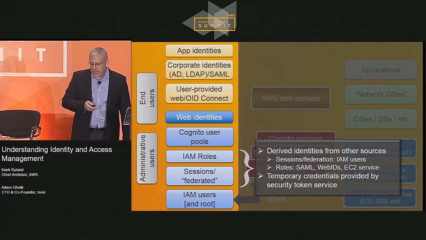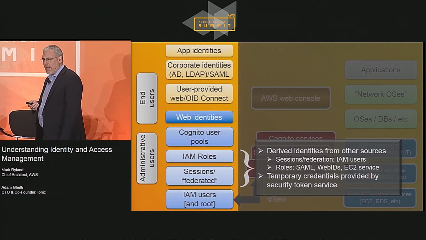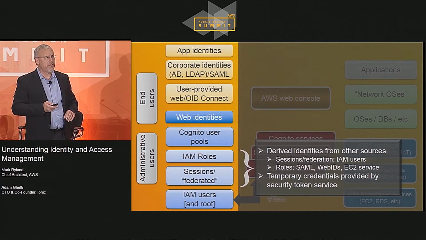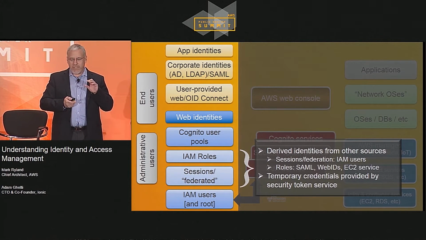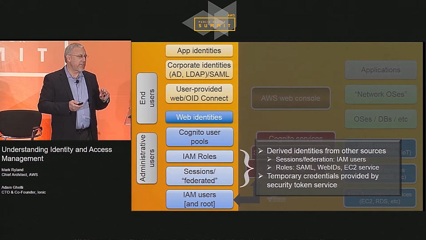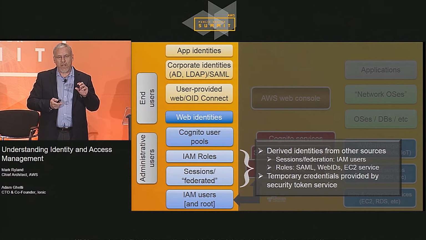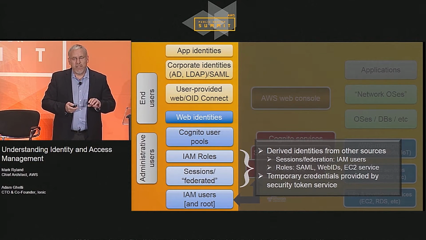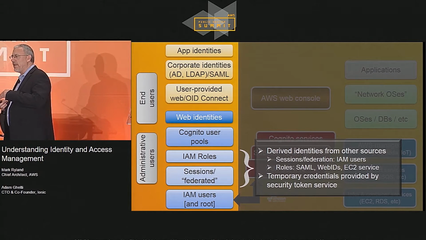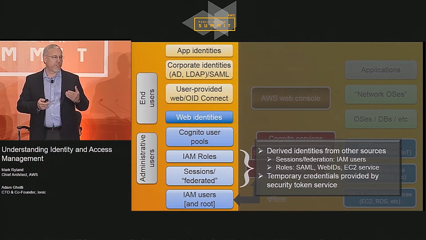In the middle, in the lighter blue, are these other modes of the system. In particular, these are modes in which these are derived identities. So basically, think of it this way. The core root identities are users, but there are modes in which the user's access is enhanced or changed slightly.